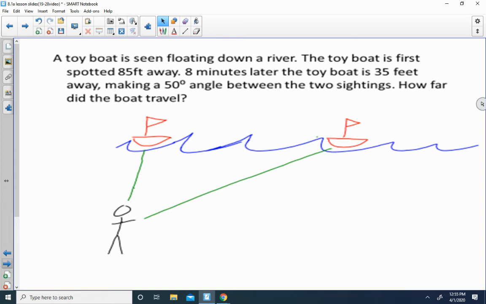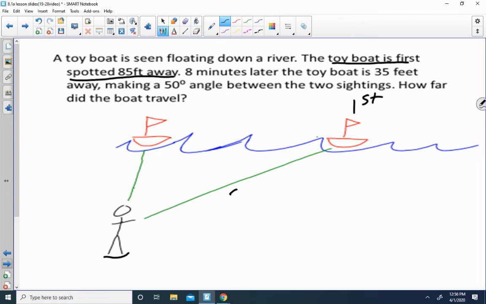Anyway, so let's first look at the first piece of information we have. A toy boat is first spotted 85 feet away. So in other words, let's say this person's just lounging by the riverside, and let's say, oh, he sees a boat. So this is where he first sees the boat.